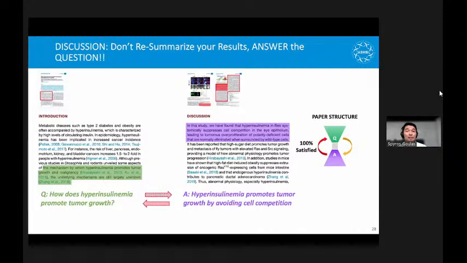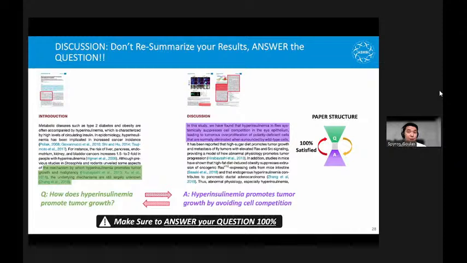I would really like to stress this point with regards to answering your central question, because this is one of the most common reasons papers are rejected, where an author raises an interesting question but does not end up answering their question. So make sure that your answer actually answers your question totally.